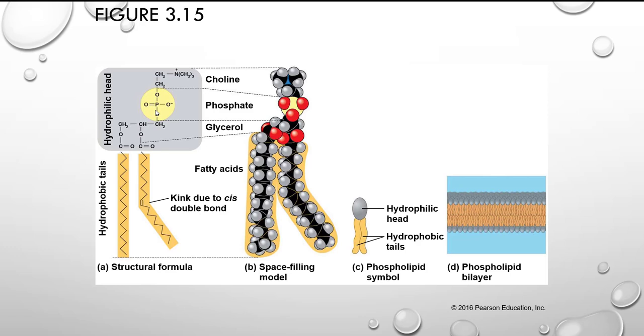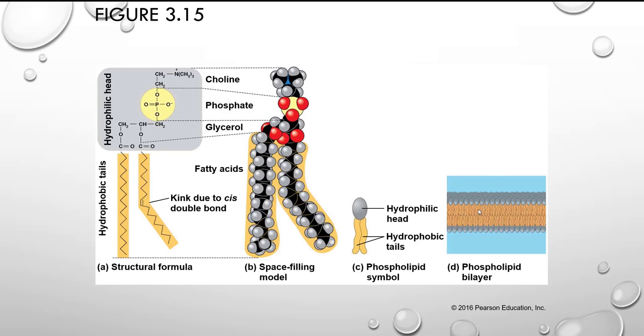These phospholipids are found in our cell membrane, so it's what makes up the majority of our cell membrane. And our cell membrane is what's called a phospholipid bilayer. So we actually have two layers of phospholipids, and you can see how they're arranged. We have the phospholipid head, which contains the phosphate group, sticking outward, and then the hydrophobic fatty acid tails facing inward towards each other.